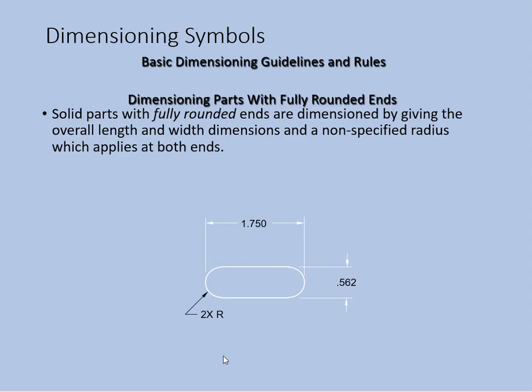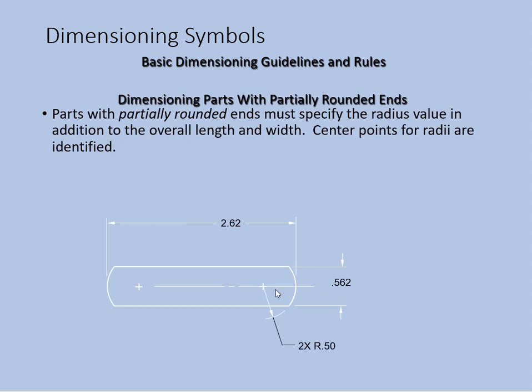Okay. So here you have the solid parts, fully rounded. This is your slot, and these fully rounded ends, we're going to dimension it first, given the overall, right? The first type is overall length and the width dimension, and then specific radius.